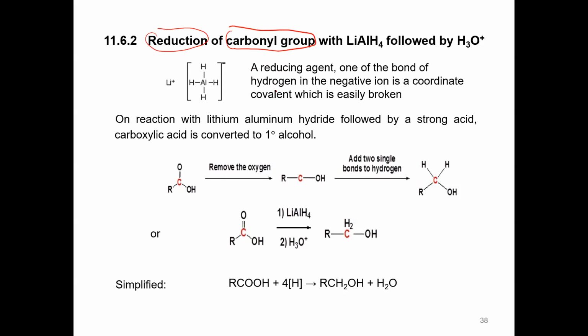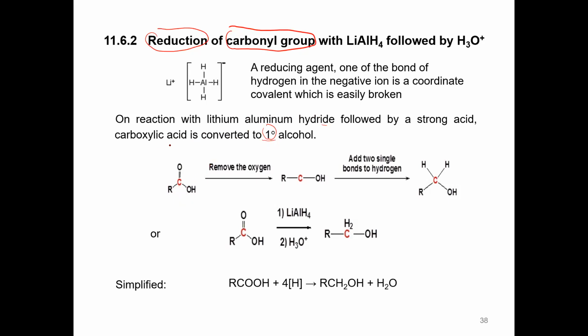So with a reducing agent, one of the bonds of hydrogen in the negative ion is a coordinate covalent bond which is easily broken. So on reaction with lithium aluminum hydride followed by a strong acid, carboxylic acid is converted to primary alcohol. It will definitely produce a primary alcohol. It is impossible to produce a secondary alcohol because there cannot be another alkyl group here.